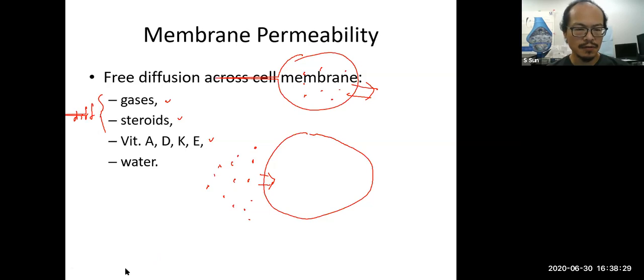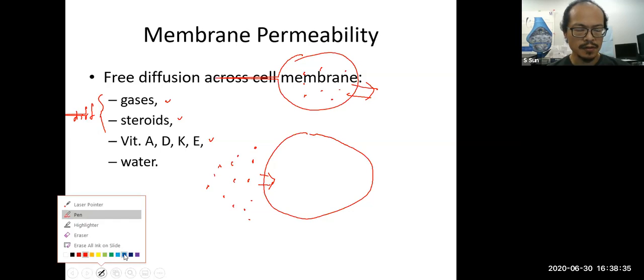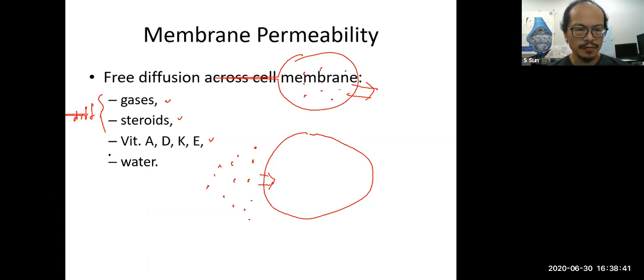For this one though, let's use a different color because that is water, so that's more like blue. For water, the movement is by osmolarity.